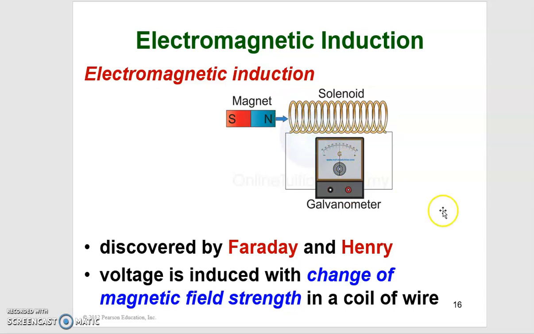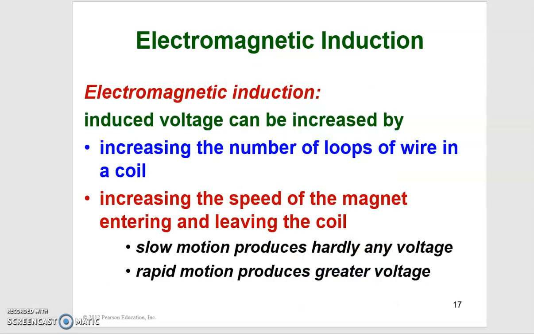But people found that if you bring a bar magnet into the solenoid coils, or away from the coils, there will be an induced current produced. And we know that if there's an induced current, there will be an induced voltage. This is not an easy thing because it involves a lot of directions, so I will give you more introduction to that.